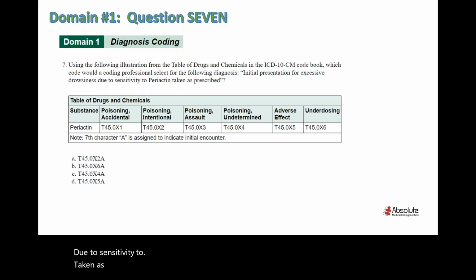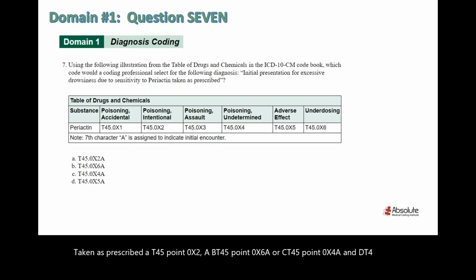A. T45.0x2A, B. T45.0x6A, or C. T45.0x4A, and D. T45.0x5A. Okay, coders, your time is now. And the 7th character A is for initial encounter. All right, coders, your time begins now.